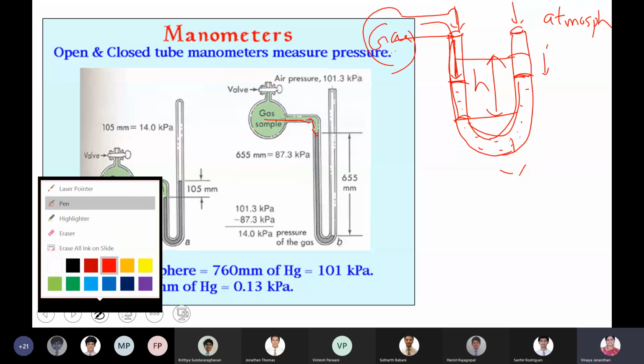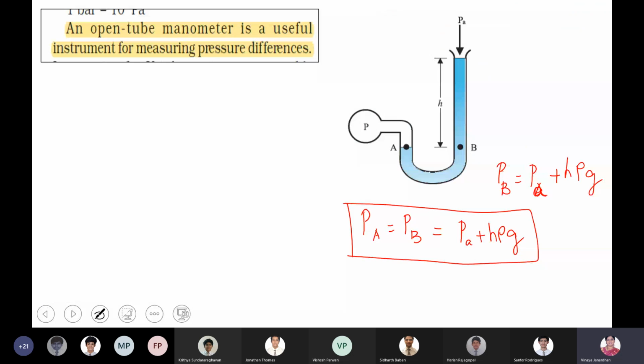Now we'll see how to find it. Now look at this, boys. You have a gas enclosed in a chamber. Let P be the pressure of the gas. Now it is connected to a manometer tube. The gas exerts a pressure, so that the liquid will rise up in the other end.